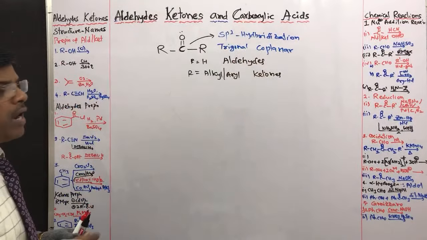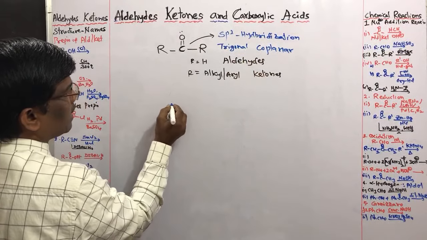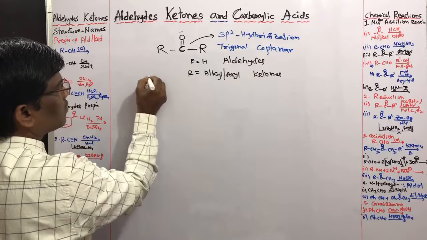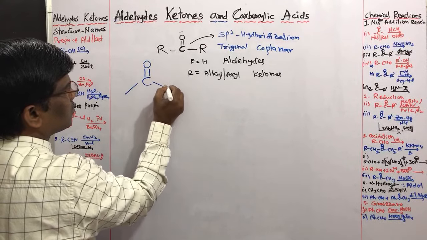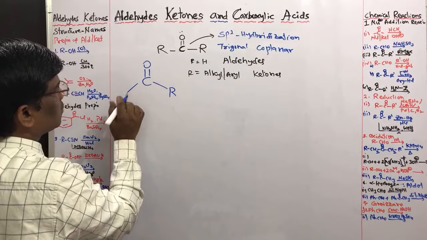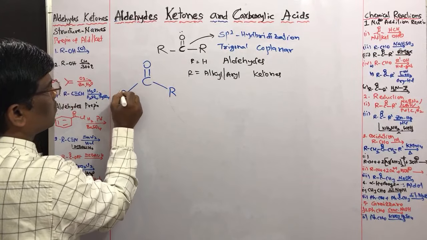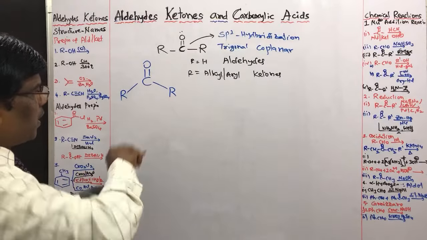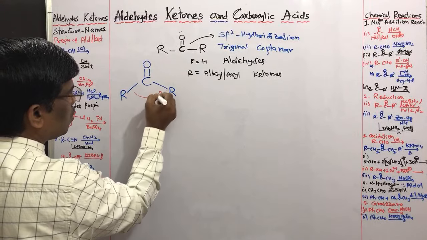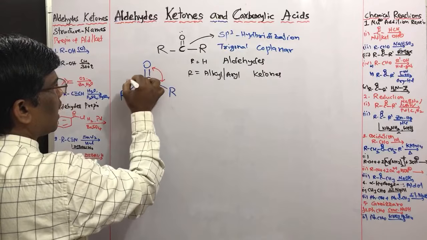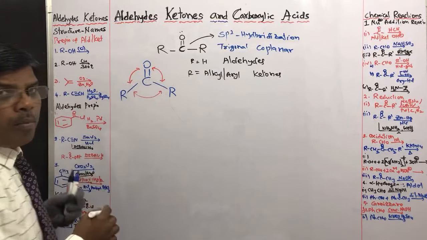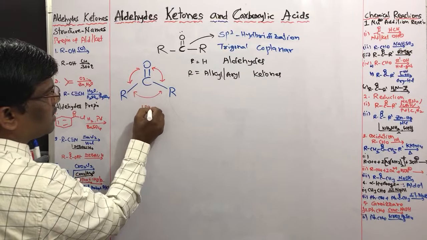Since it is planar, the bond angle between these two substituents is about 120 degrees.